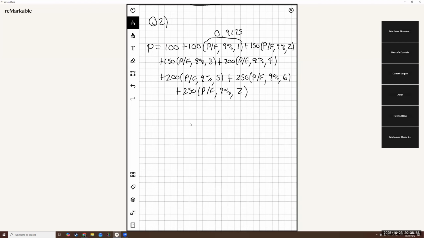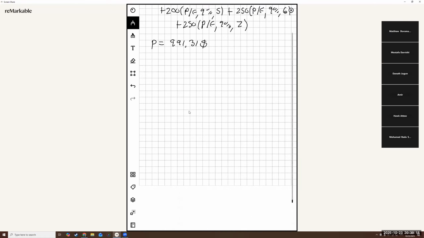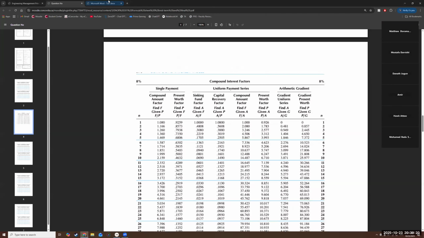I won't take the time to do each and every single one of them, but the value you should end up with is $991.31. That's it for our question 2.